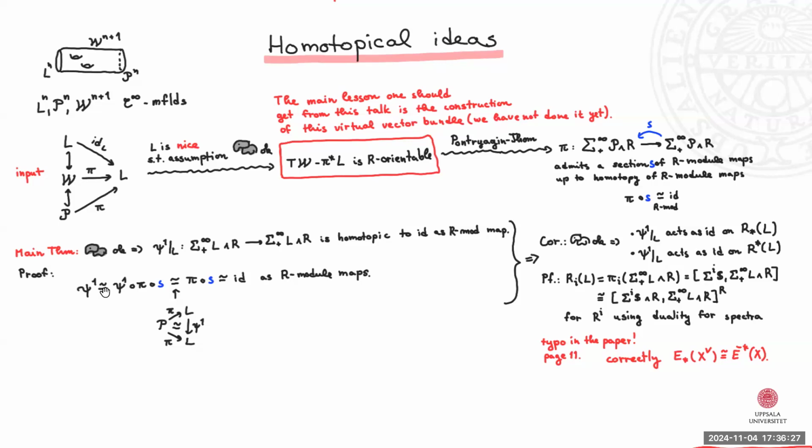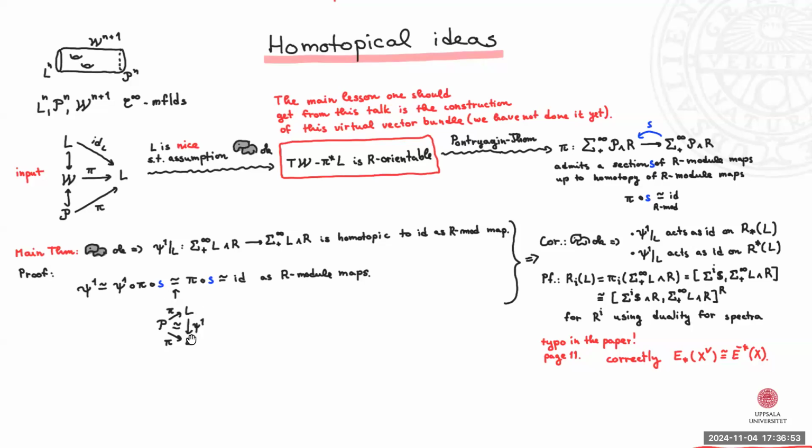So you start with your flow time at time 1. You know that this fella is homotopic to the identity, right? So you just plug in the identity and you know that these two fellas are homotopic as R module maps. That's amazing. Then I remember this other diagram that we had on the previous slide.